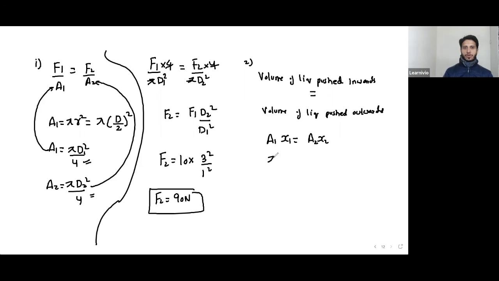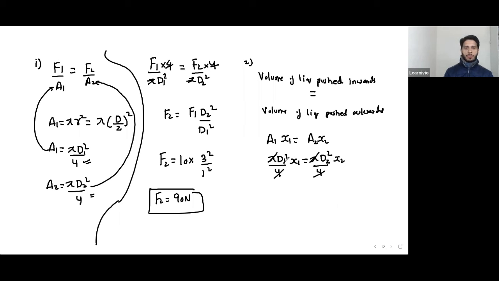For A1, you can write pi d1 square by 4 into x1. Your A2 is pi d2 square by 4 into x2. Pi will cancel this pi, 4 will cancel this 4. So you have d1 square x1 is equal to d2 square x2. Now you can simply substitute the values.